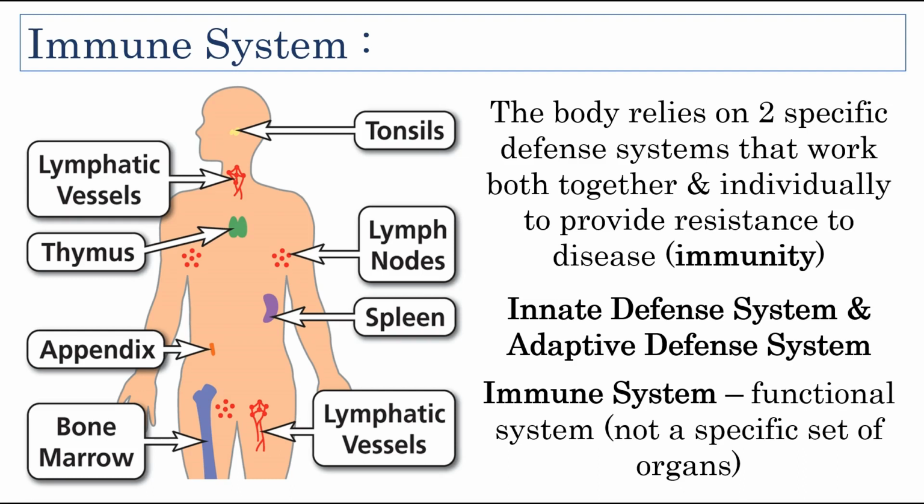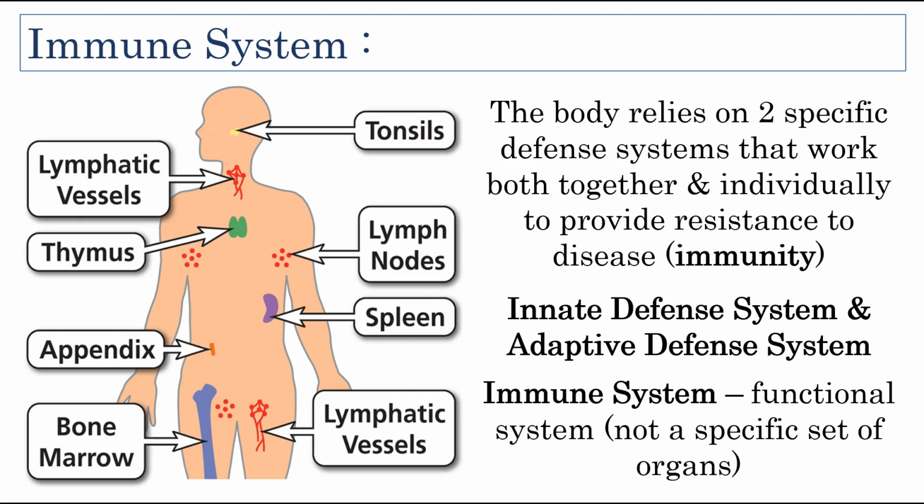Our immune system is going to be our functional system that uses quite a bit of the lymphatic system, always. The lymphatic system is maintaining blood volume by filtering plasma. It is also introducing a lot of those pathogens to the immune system, but the immune system is a separate functional system.